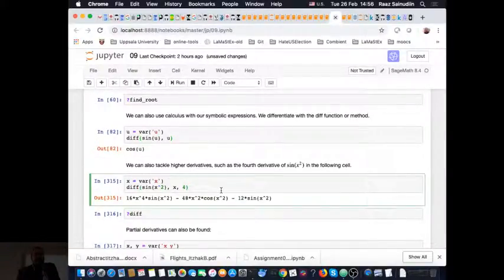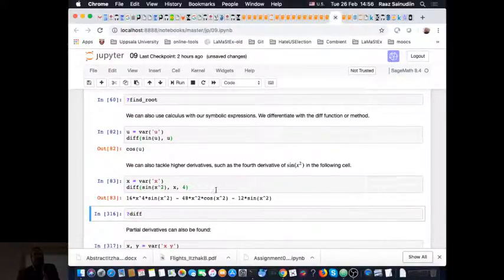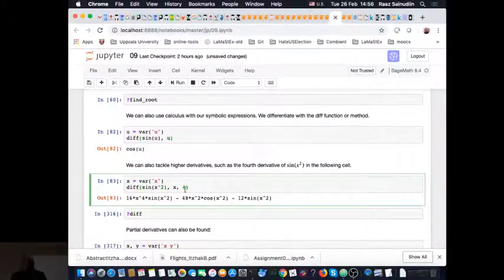So it's adjacent side and opposite side on the circle. So we can also tackle higher derivatives, such as the fourth derivative of sine x squared in the following way. Sine x squared of the fourth derivative, right? So you don't want to sit there and do d by dx, and you can. But if you can do it by hand, and you understand things well, then it's totally okay to do it by computer, because you can focus on other aspects of the problem.